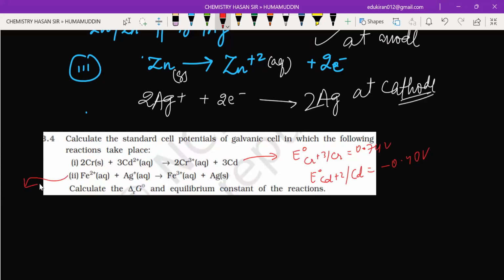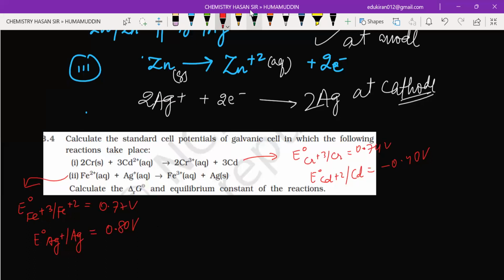And for this, E naught Fe plus 3 slash Fe plus 2 is given as 0.77 volt, and E naught Ag plus slash Ag is given as 0.80 volt.